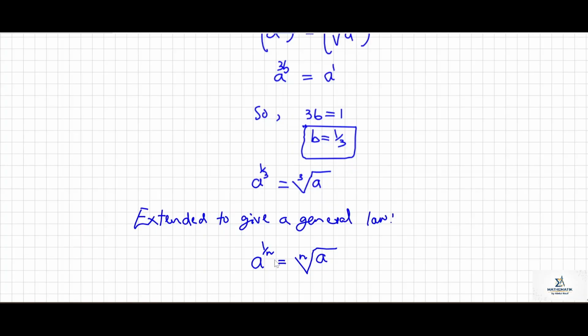So just like the cube root, it's the nth root. If n is equal to 2, this becomes a square root. If n is equal to 3, it becomes a cube root. So we have got the index sign for square root or cube root or nth root.